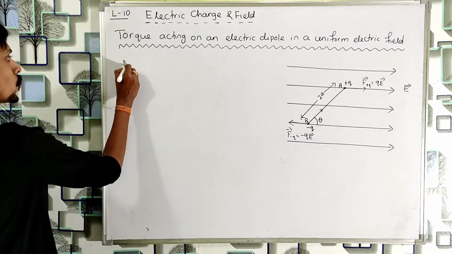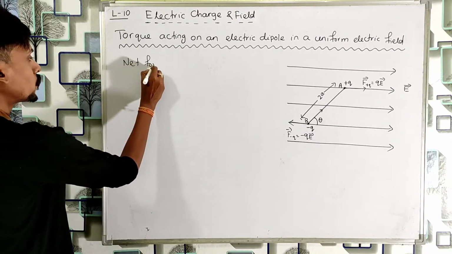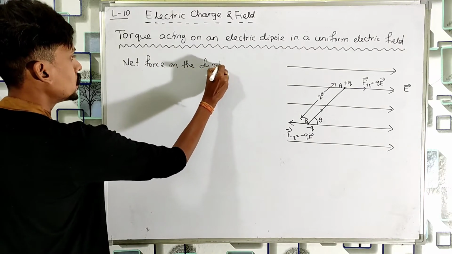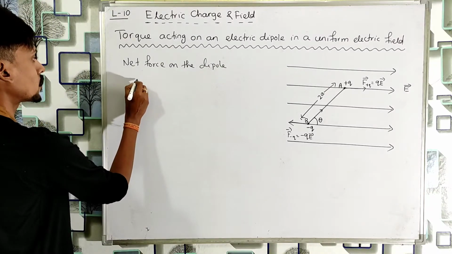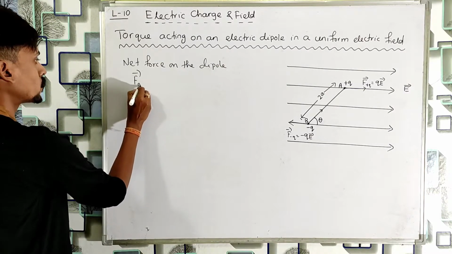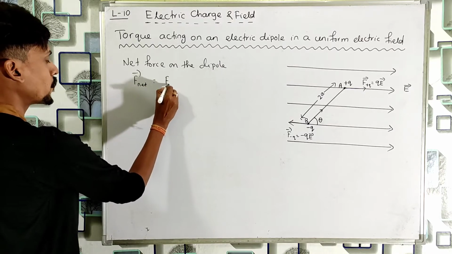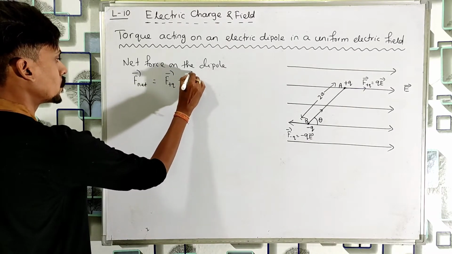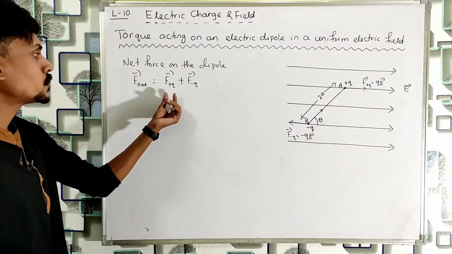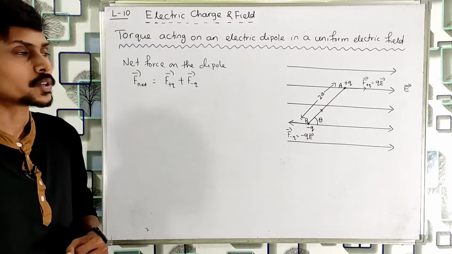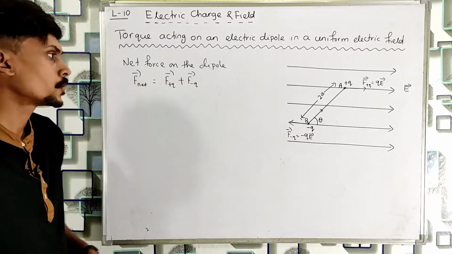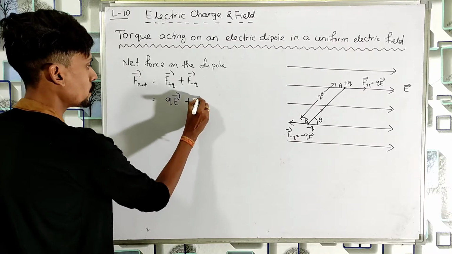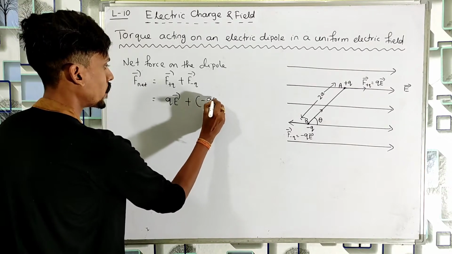So the net force on the dipole will be how much? The net force is equal to F plus Q plus F minus Q, meaning force on the positive charge plus force on the negative charge, and you have to add them vectorially. F plus Q is Q into E vector, and F minus Q is minus Q into E vector.